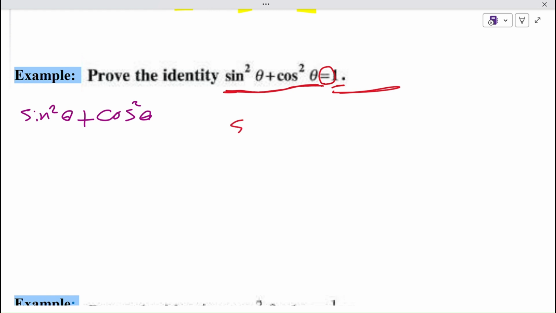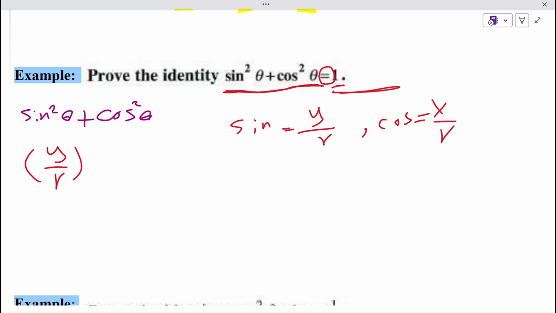And we know cosine is equal to x over r. We just have to substitute instead of sine and cosine. Okay, now for sine squared theta, just write (y over r) squared, plus cosine squared theta, just write (x over r) squared.